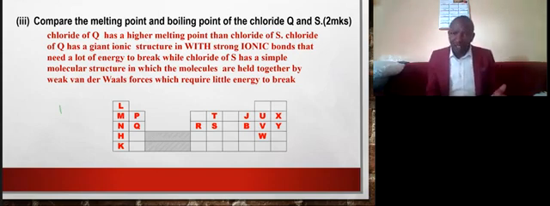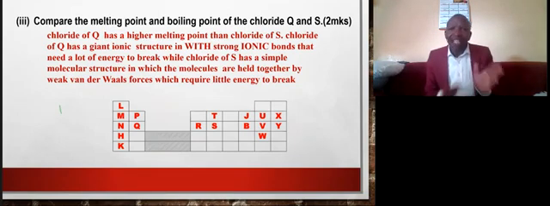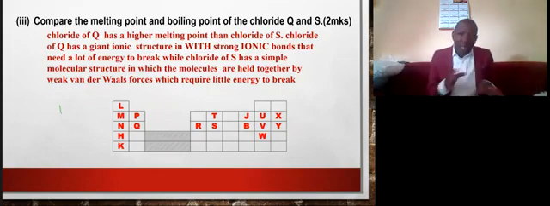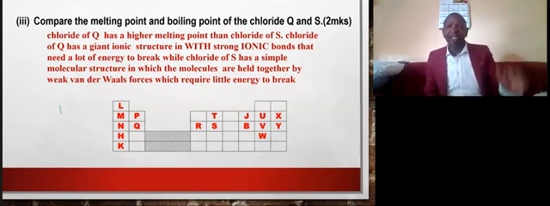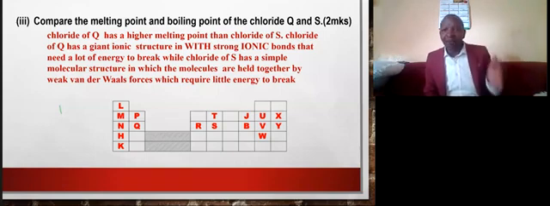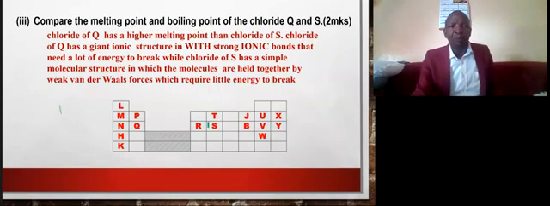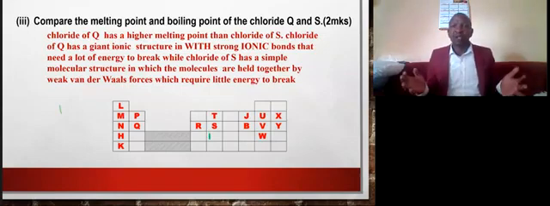I am saying this: as long as this element is a non-metal, or a compound of a non-metal, and you are told to compare the bond, know that it is simple molecular structure, if it is not silicon, silicon 4 oxide, diamond, or graphite. Some of you are getting confused.